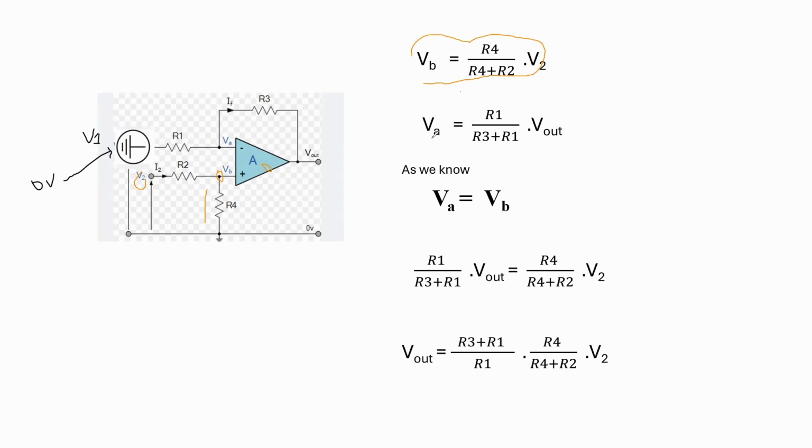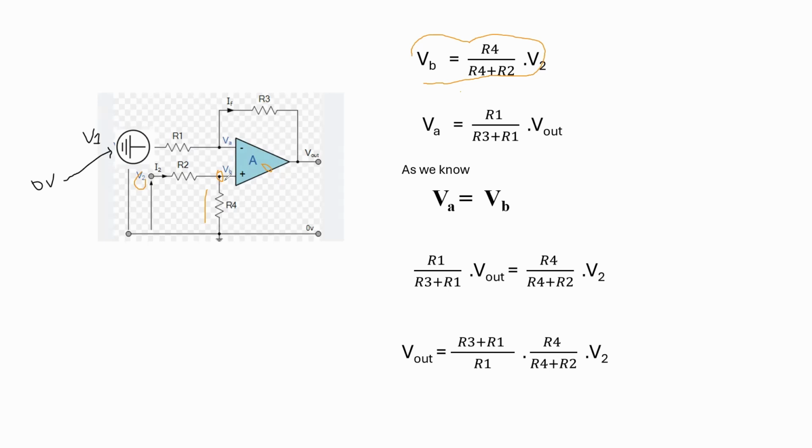In the same way we can write VA also. VA means the voltage across R1. So we divide R1 by the sum of R3 and R1, using the voltage divider rule, and multiply by Vout. Vout is the voltage because V1 is grounded, so there is zero voltage.